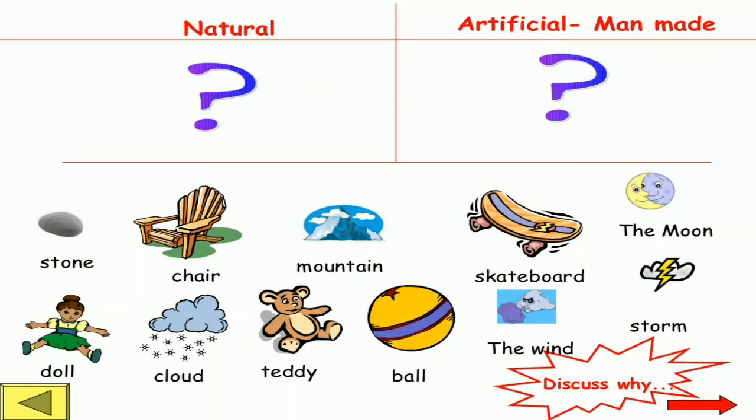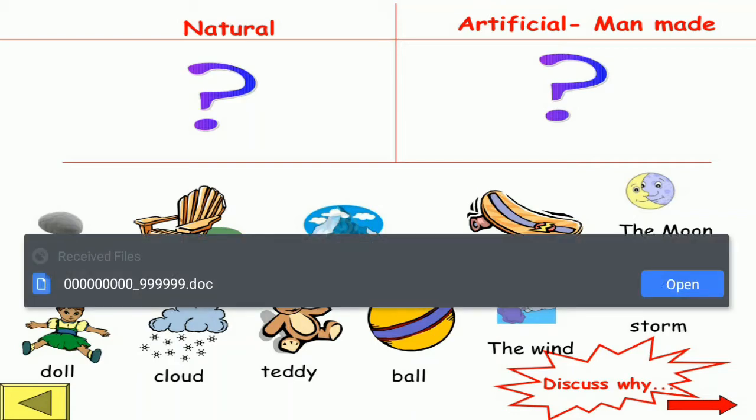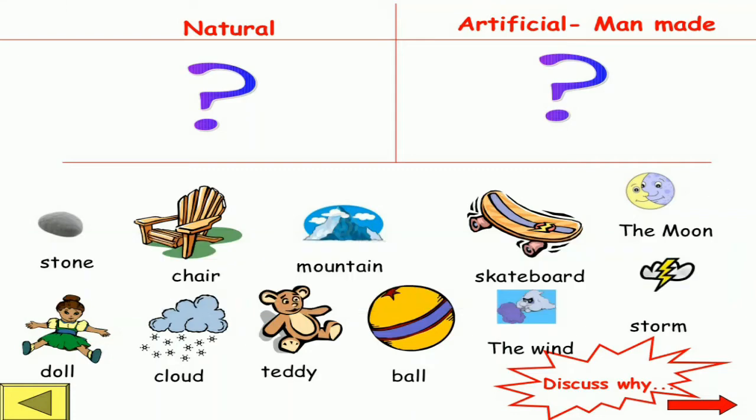Natural and artificial, man-made. Here, natural things are living beings and the artificial or man-made we call non-living things. Here we can see a stone, doll, chair, teddy, cloud, mountain, ball, skateboard, the wind, the moon, and the storm.